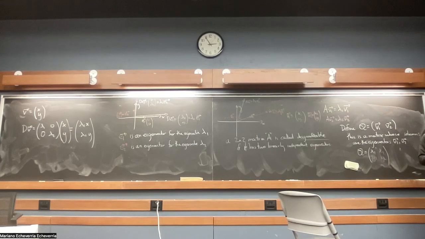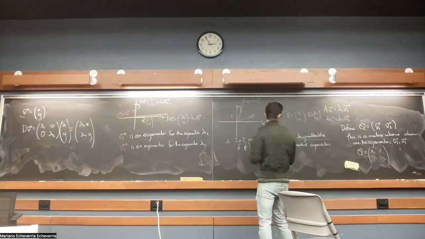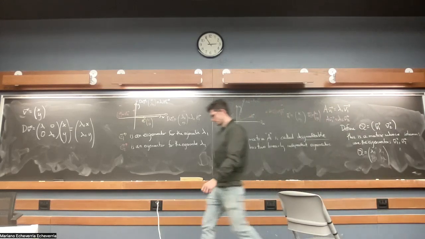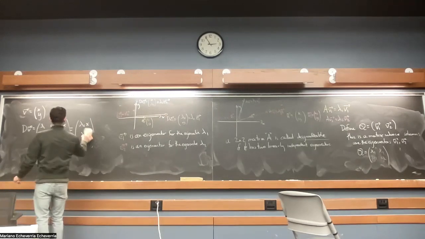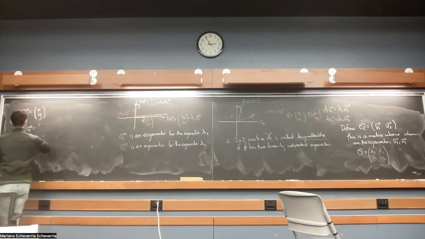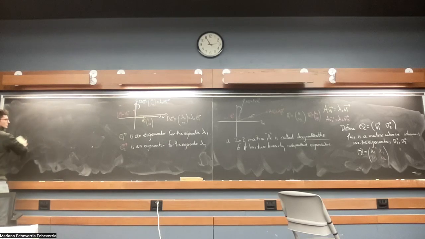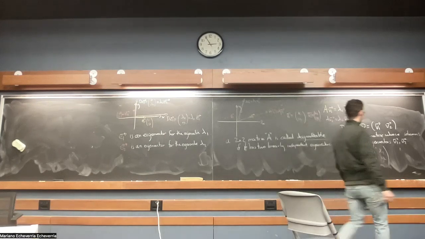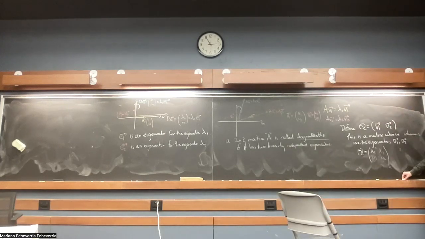The second column is the second eigenvector. Is that making sense? You take the eigenvectors and make them into a square matrix, essentially.